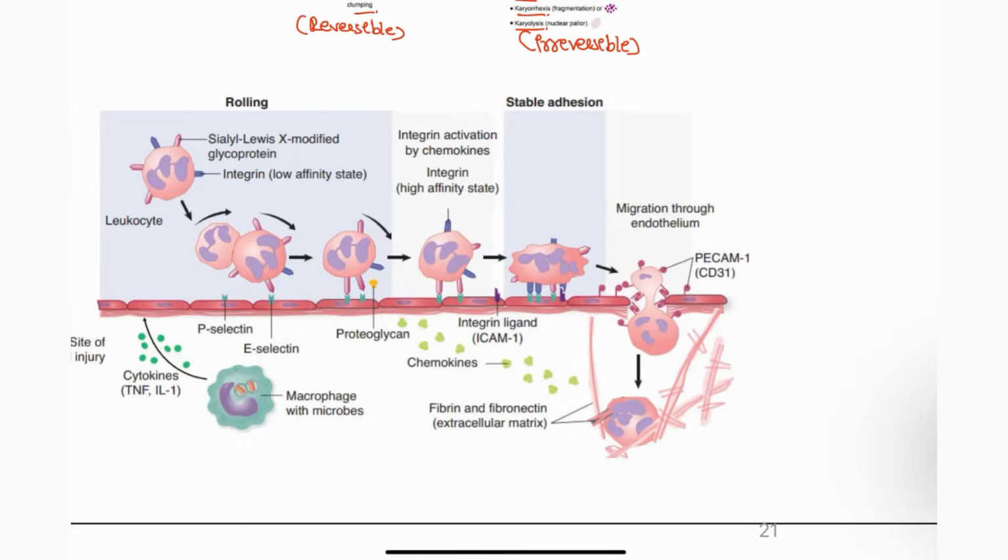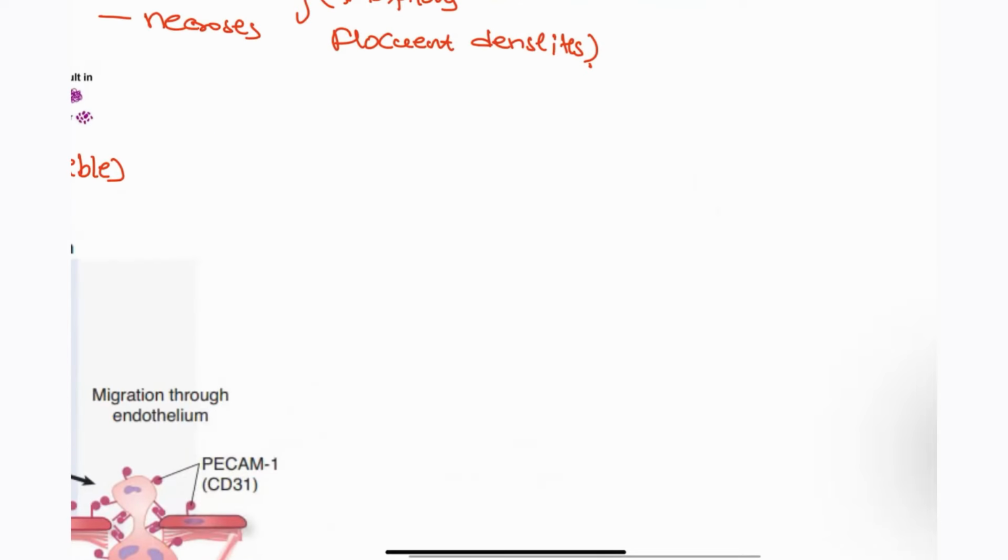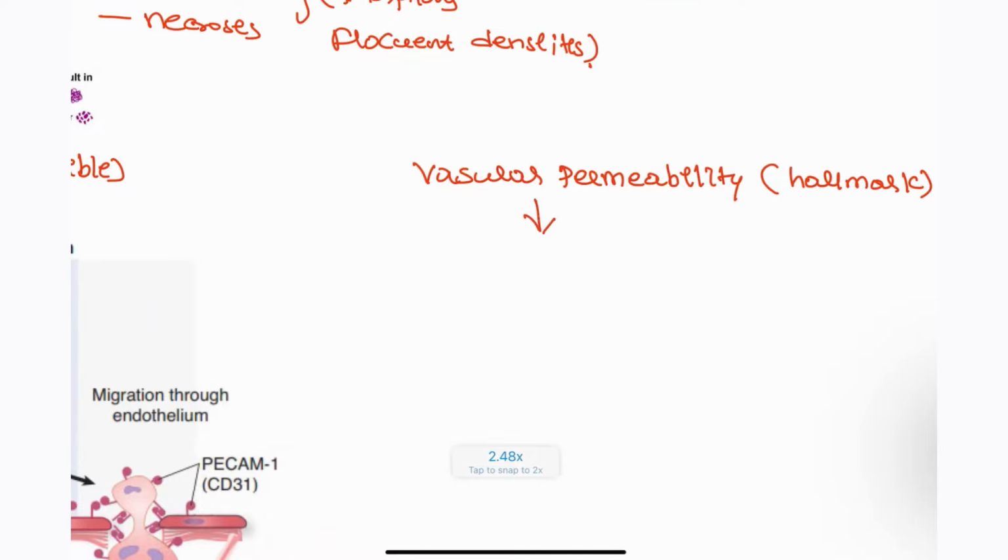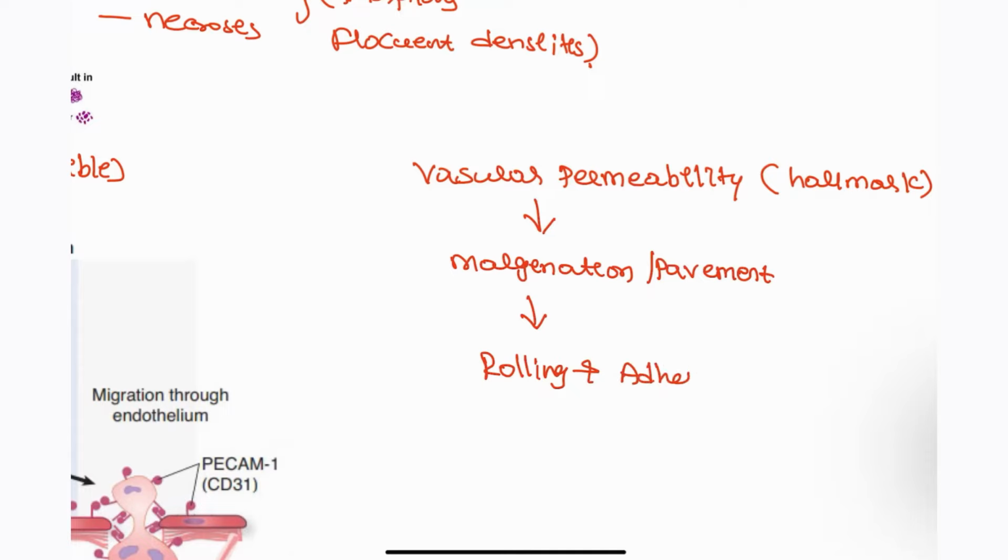First, what are the events and how is it going to be formed? The acute inflammation is going to start with the vascular events. So vascular events such as vascular permeability will be seen, and this is considered the hallmark of acute inflammation. After that, there will be margination, which is also known as pavementing. Next, there will be rolling, then rolling and adhesion will be seen.